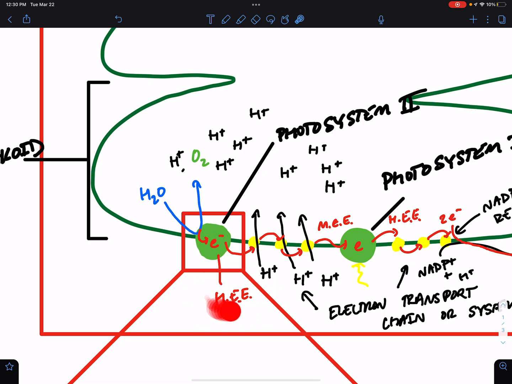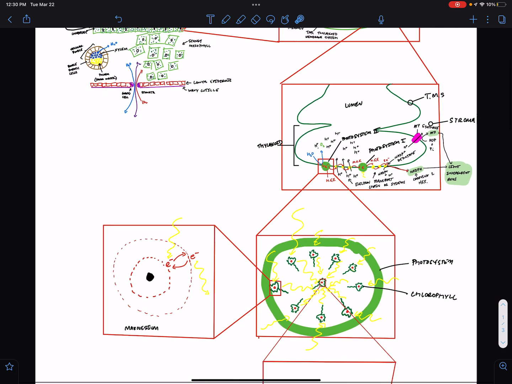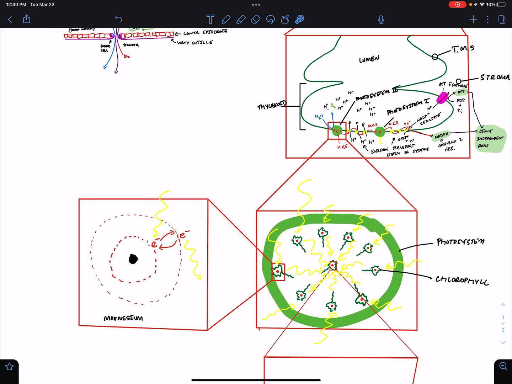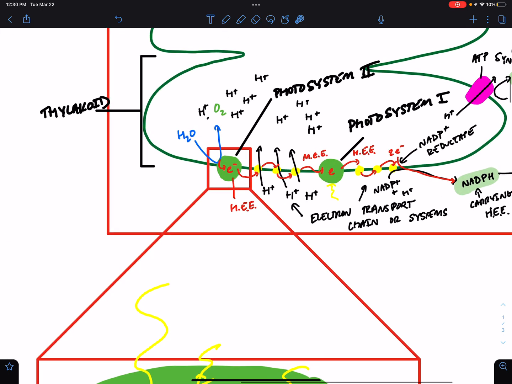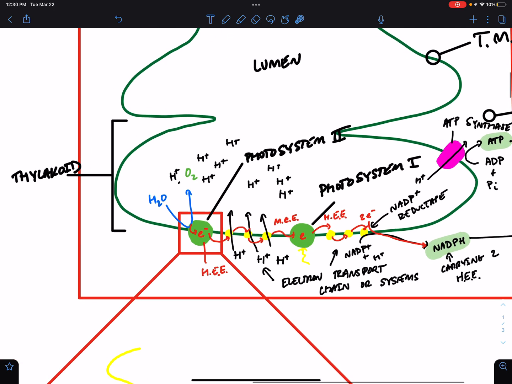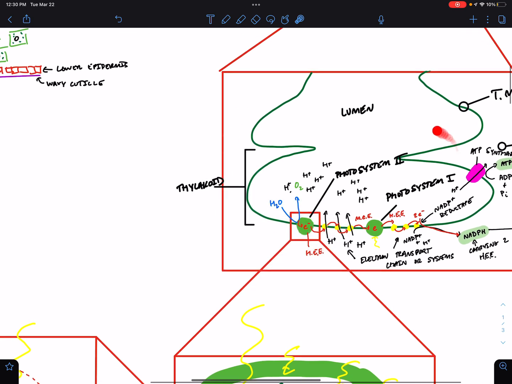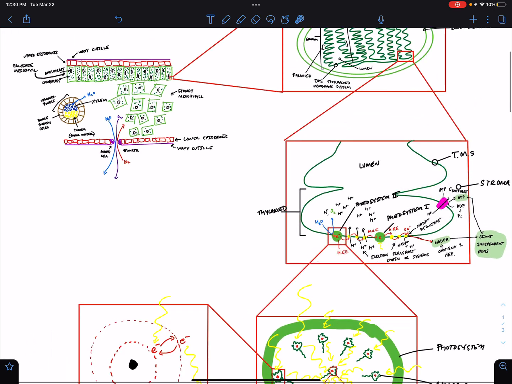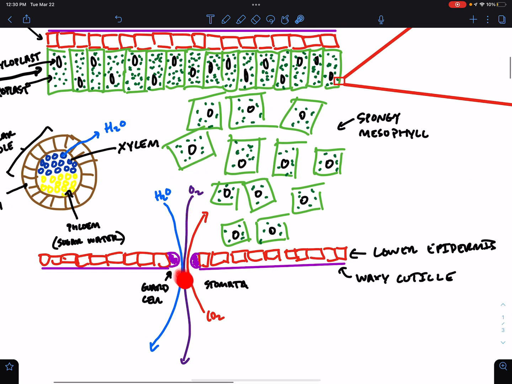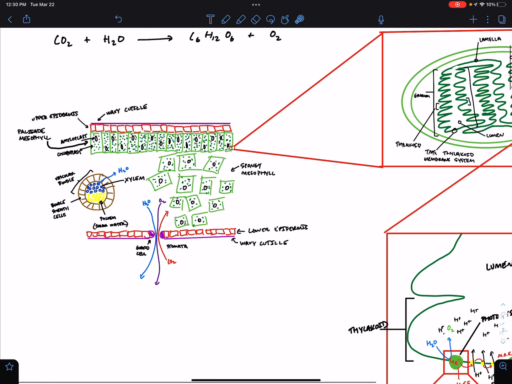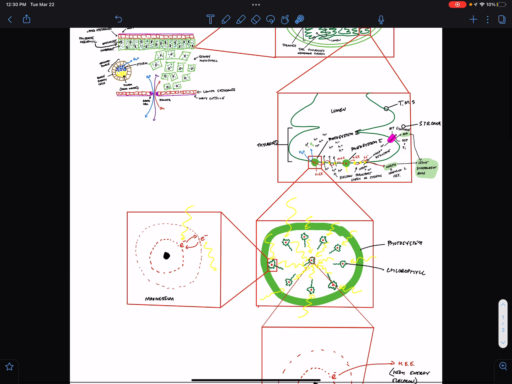That electron is going to be turned into the high energy electron using the channeling of energy of the photosystems, and the waste product of this breakdown of water is hydrogen, which is going to contribute to our concentration gradient inside of the lumen of the chloroplast, and oxygen, which, as you know, is going to build up inside of the leaf and then leave through the stoma, or the multiple stomata. Okay, that is all.